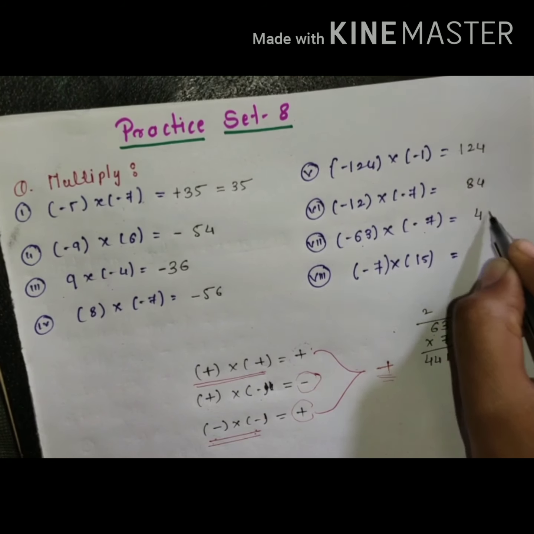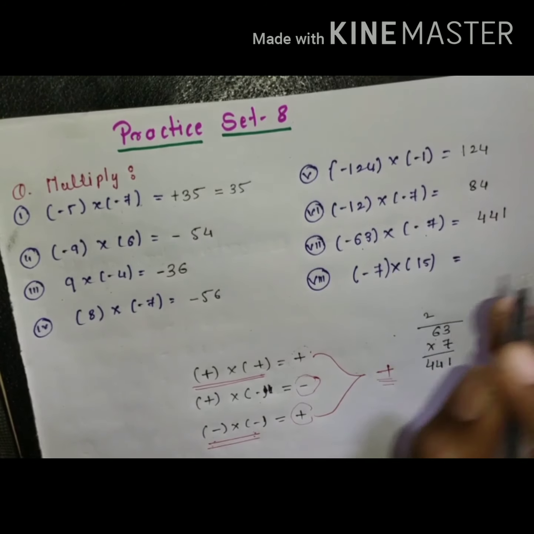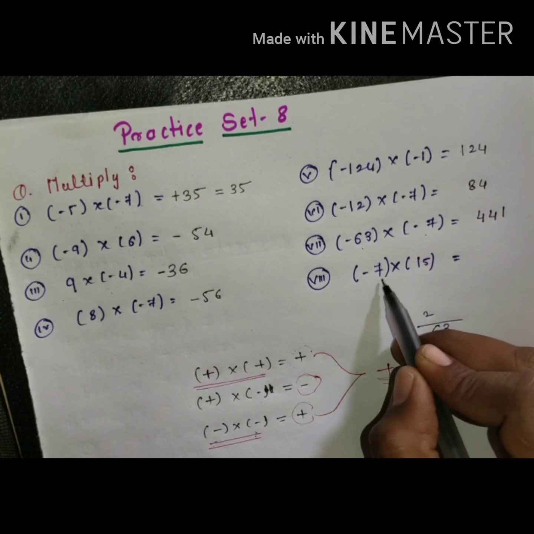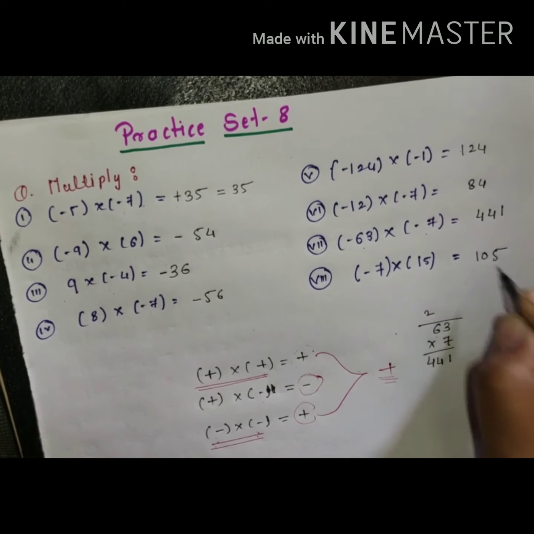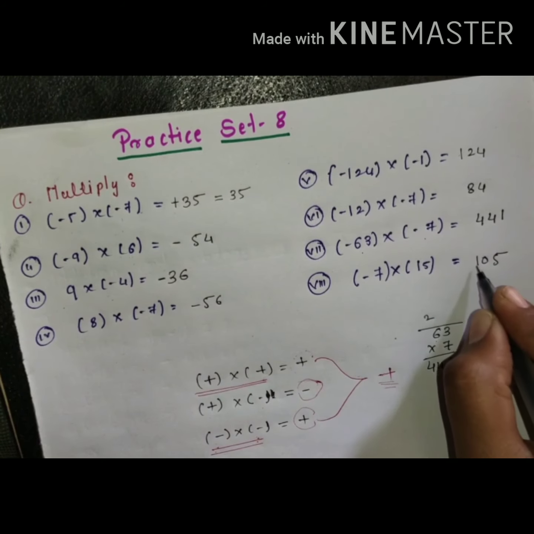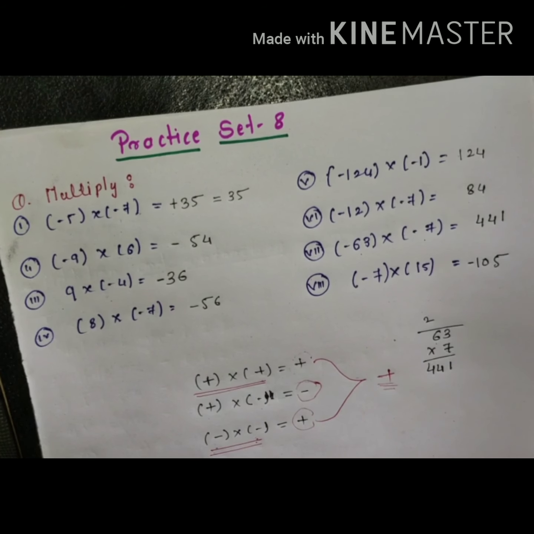That means 441. Minus minus plus. Here 15 sevens are 105. Plus minus again minus.